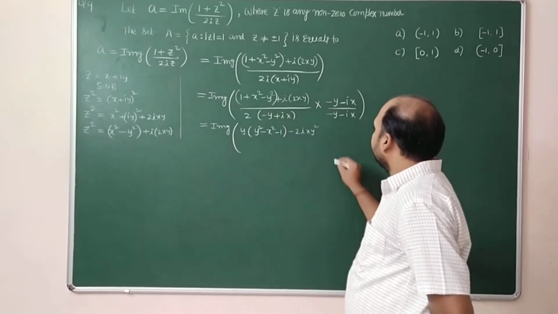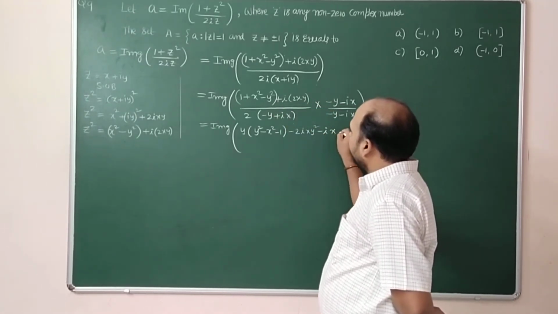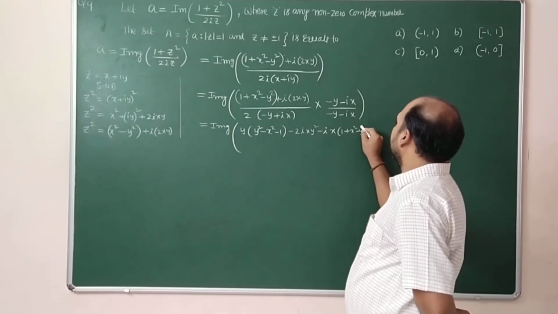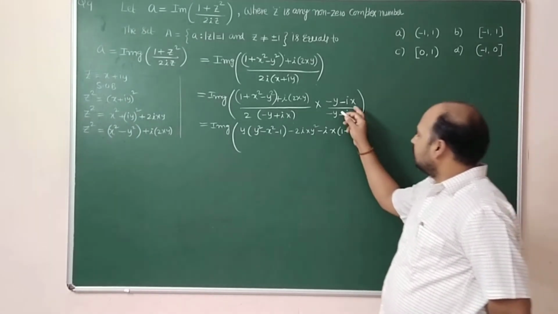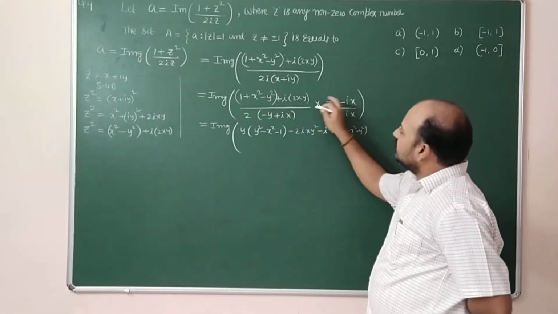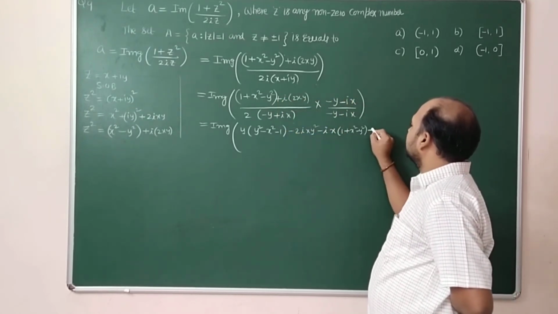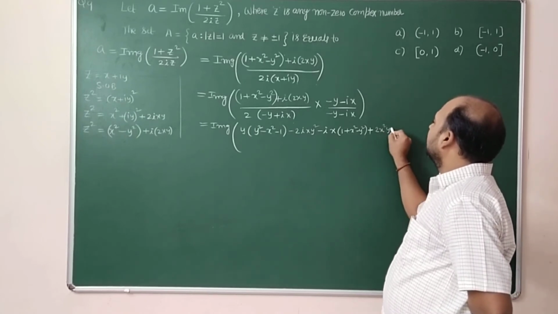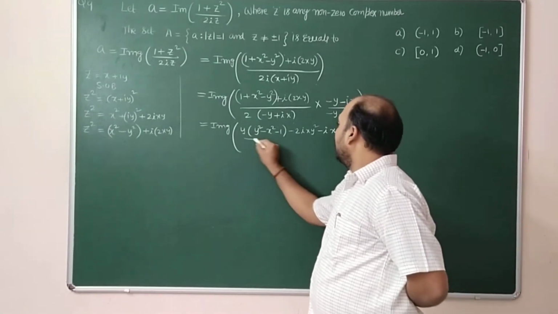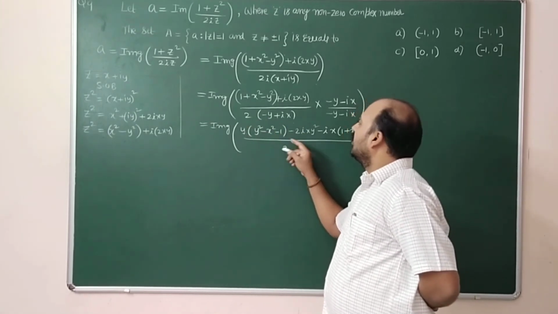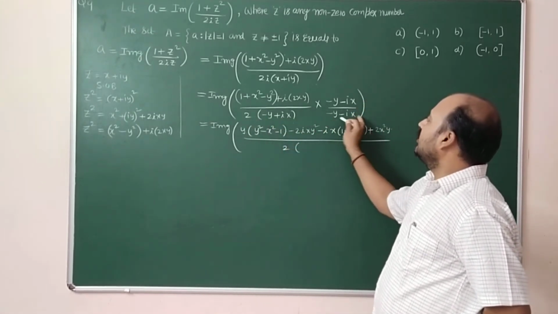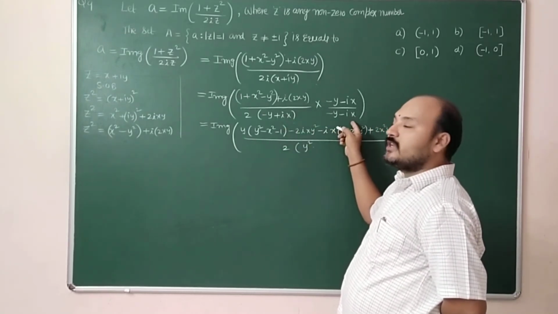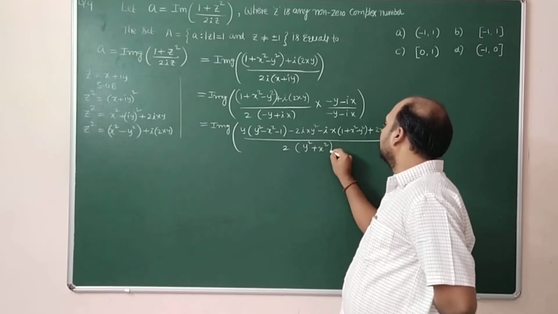Minus ix into minus i into x into this value 1 plus x square minus y square. Next, minus into plus is minus, i into i square minus, so plus 2x square y, divided by 2 into a plus b into a minus b. Minus y whole square is y square. Here minus i square x square, so plus x square simply.